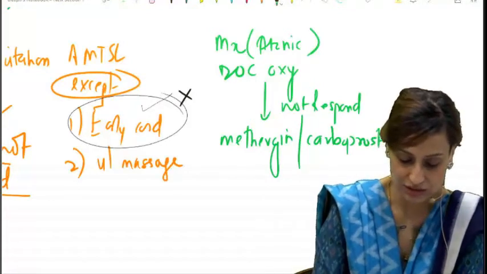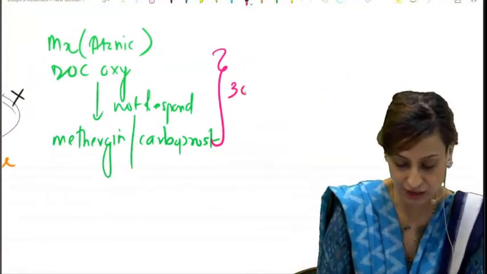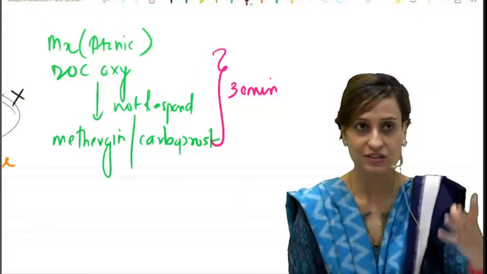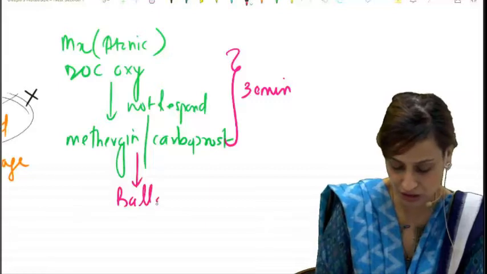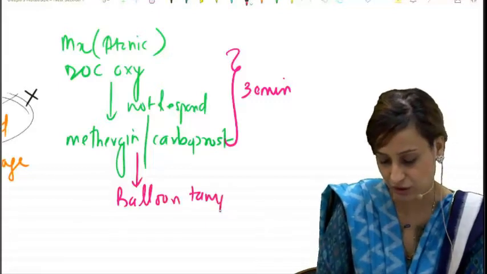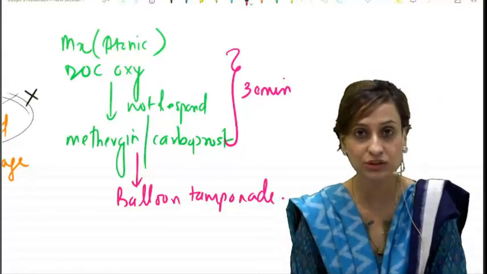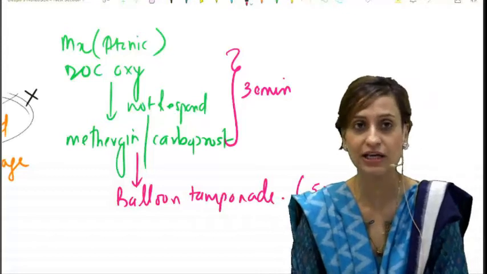This drug method should be done for a maximum of 30 minutes. If in 30 minutes these drugs are not acting, then you go on to the next method, which is balloon tamponade, and the balloon is filled with 500 ml of normal saline or Ringer lactate.